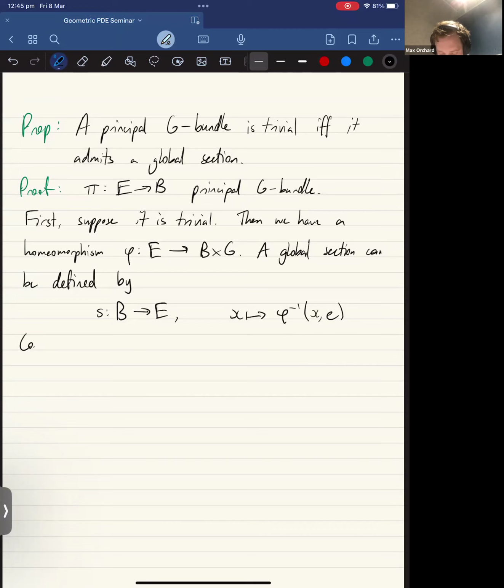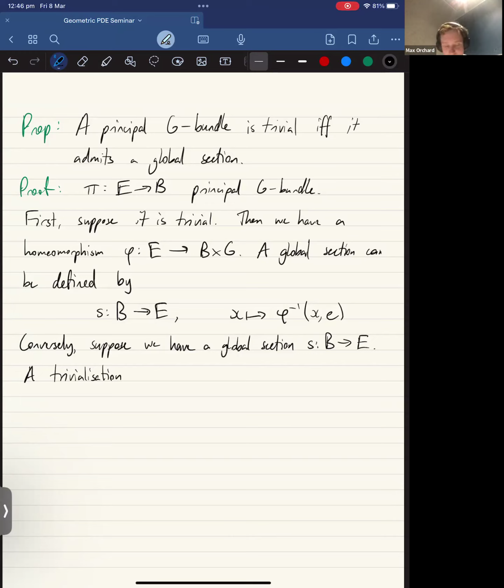Now, conversely, suppose there's a global section. So the idea is that now we want to show that E has to be homeomorphic to B cross G. That will show us that we're trivial.